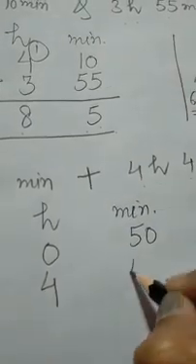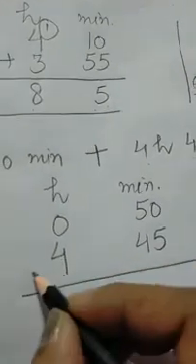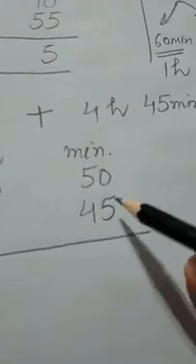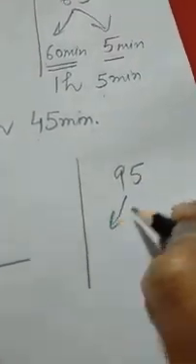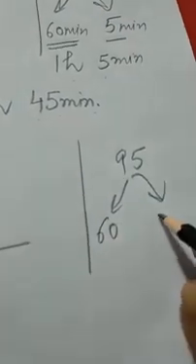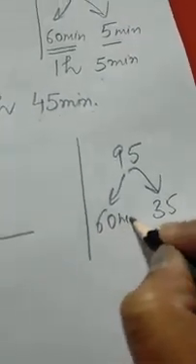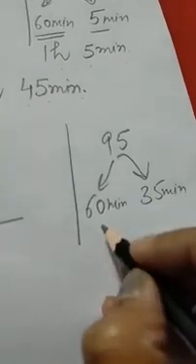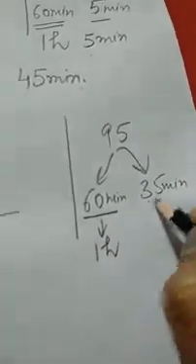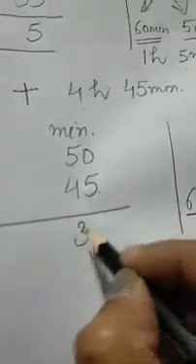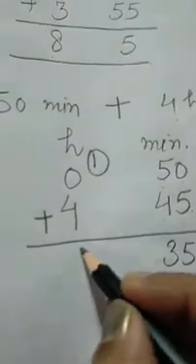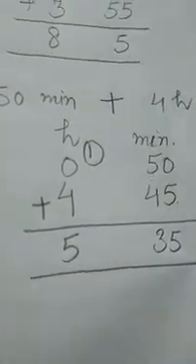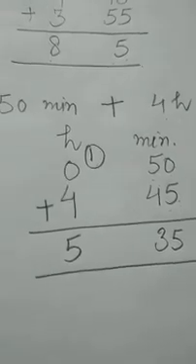When we add these both, in minutes we will get 95. 50 plus 45 we will get 95. Then 95 will be split into two parts, one will be 60 and the second will be 35. 60 minutes will be written as 1 hour and 35 minutes. So here we will write 35 minutes and 1 hour will be moved here. 4 plus 1 will be 5. So we got 5 hours 35 minutes.